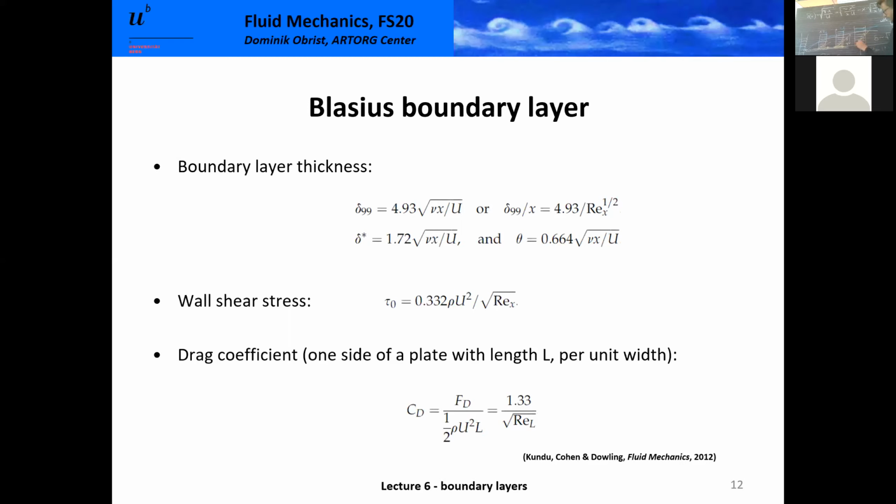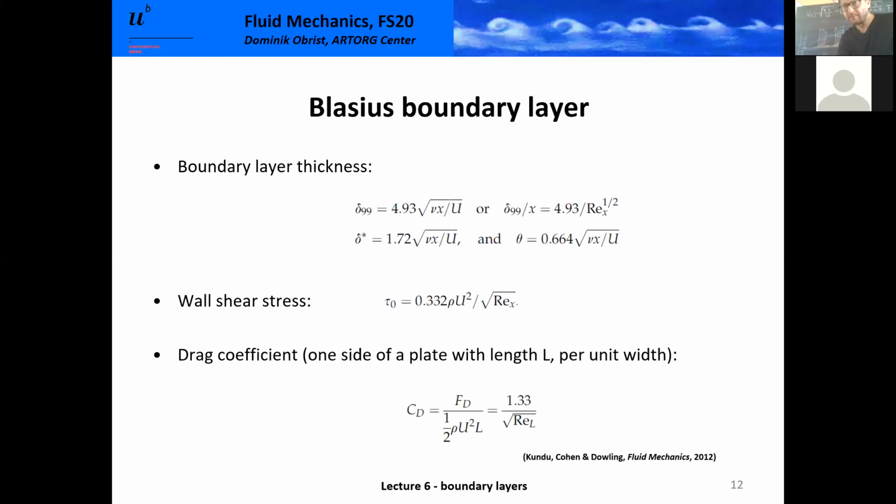So actually the wall shear stress decreases as the boundary layer becomes thicker, and there's an explicit expression for that on this slide, telling us that the wall shear stress tau is 0.332 times rho u squared divided by the square root of this Reynolds X. So it's a nice, neat expression for the lossless boundary layer.